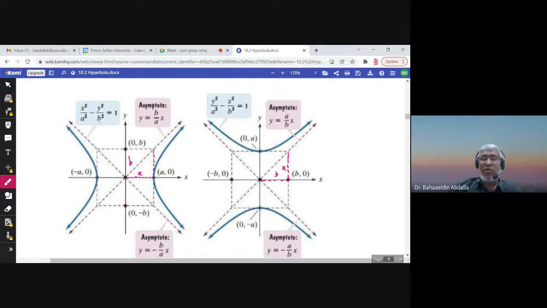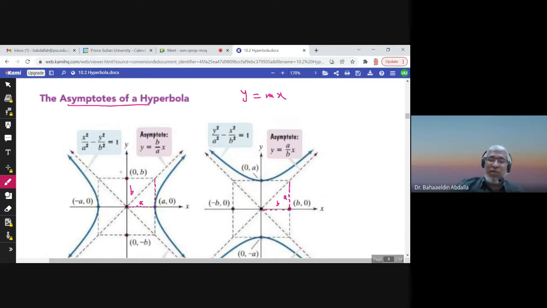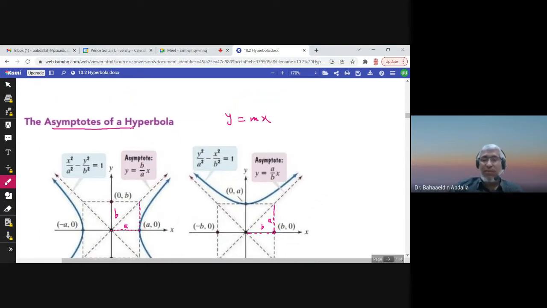So these are the equations of the asymptotes. You can also find the equation of the asymptotes in another way if you like. You can replace 1 here by 0. This is another way. I gave you two ways. Use whatever you like.